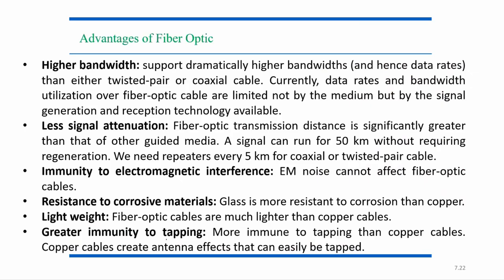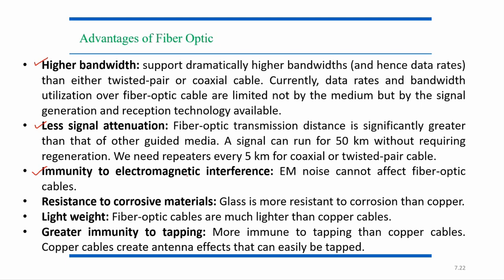There are some advantages and disadvantages of optical fiber. Advantages like higher bandwidth and less signal attenuation, we have already gone through. Immunity to electromagnetic interference, because electromagnetic waves or noise cannot affect fiber optic cables, since the signal is in the form of light.